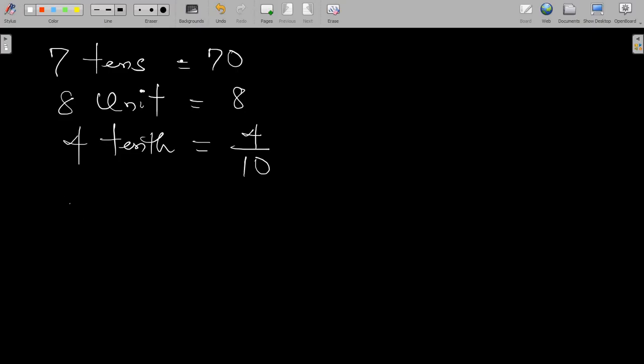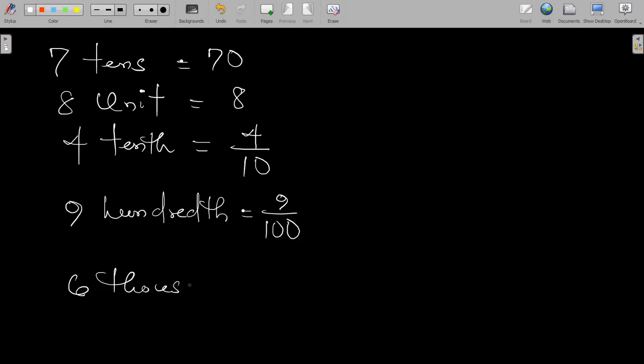The 9 in that value represents 9 divided by 100. Then we have 6 thousandths, which is the same thing as 6 over 1,000.